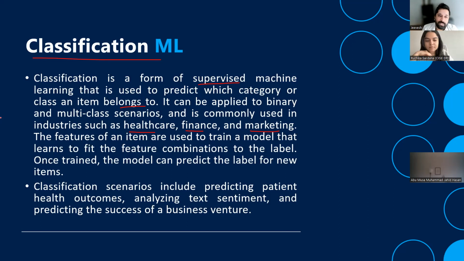For classification, the question that I got was, we have a machine learning model that predicts if a person has a X and Y disease or not. I just don't want to name the disease. So the question was, we have a machine learning model that is predicting if a person has a disease or if they don't have a disease.